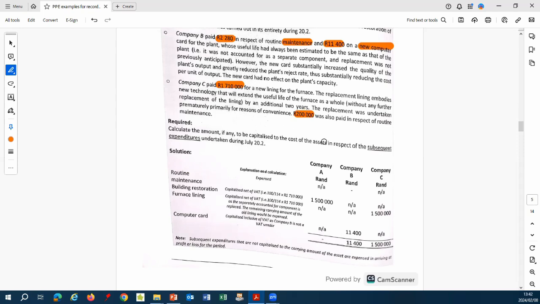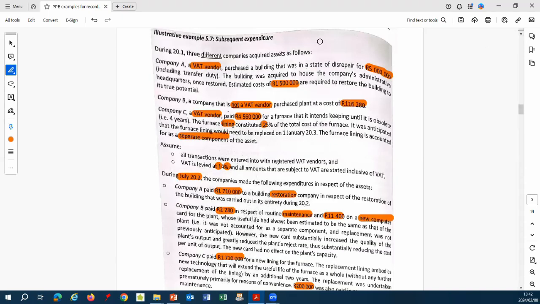Okay, so with respect to these examples, we can see, looking at the top here, we've got 3 companies with 3 different assets. Then we have those 3 companies doing some subsequent expenditure on these assets.